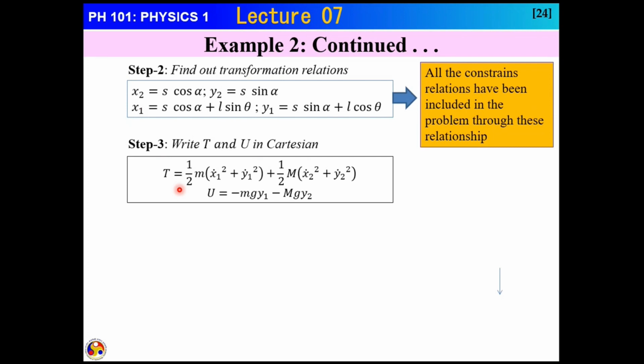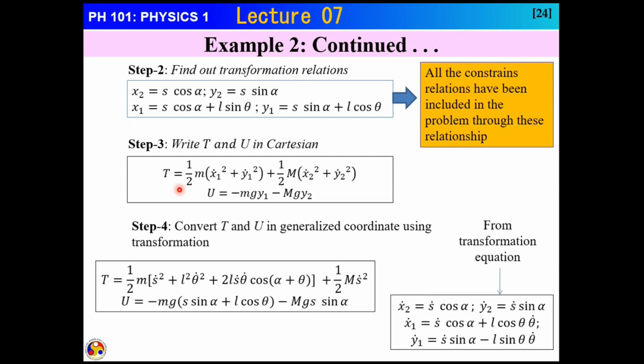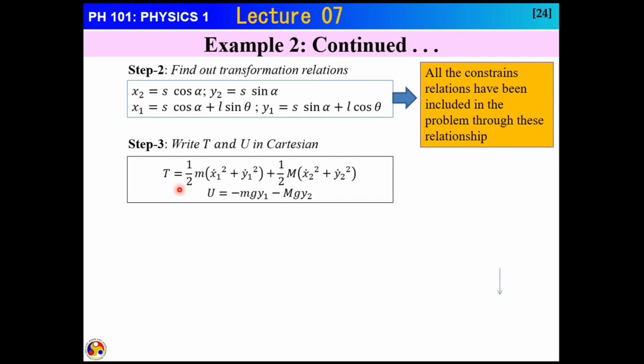Now we have to find the kinetic energy. It's easy to find the kinetic energy for particle 2. Here x2 dot is s dot cos alpha, since cos alpha is constant, and y2 dot is equal to s dot sin alpha. So your kinetic energy for this one is easy.